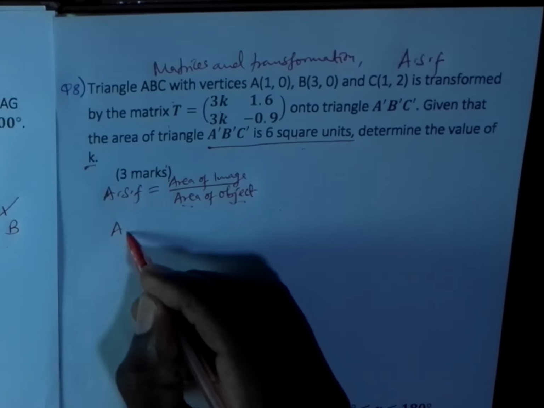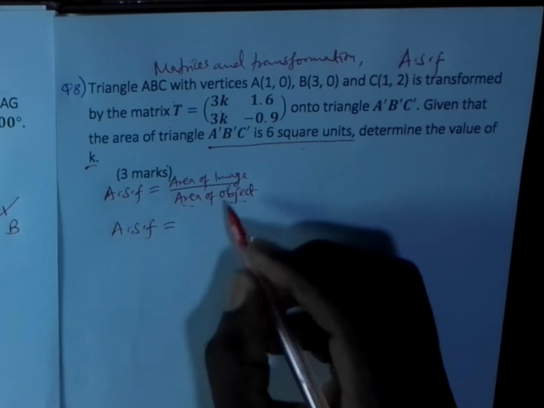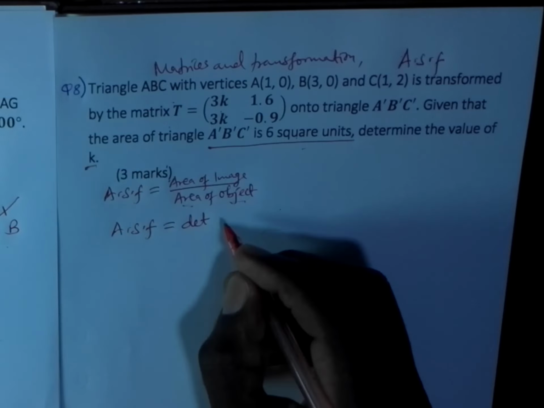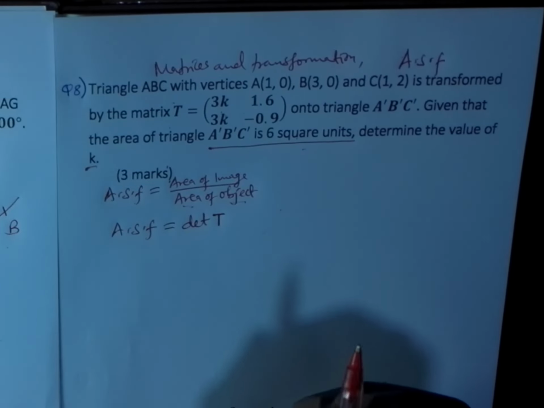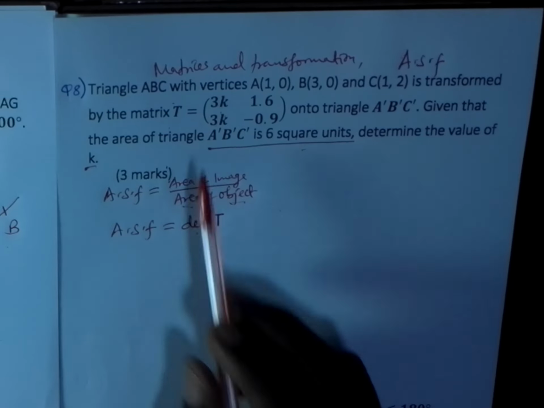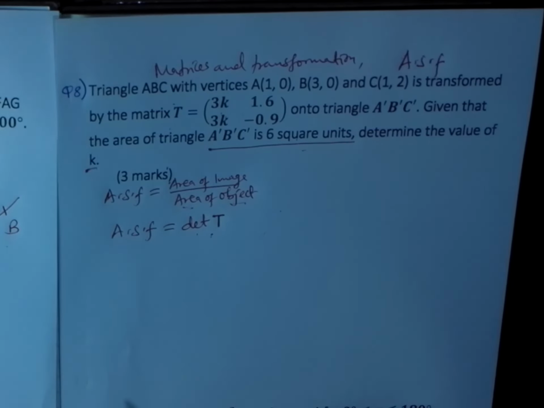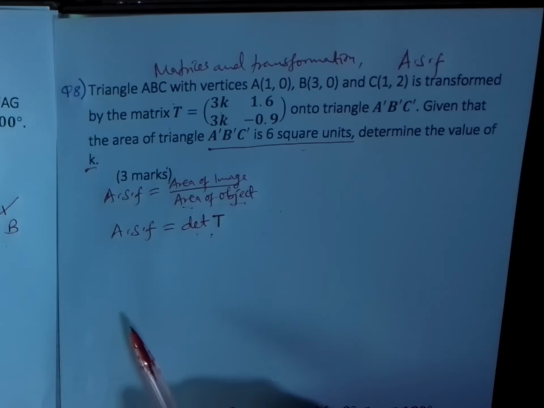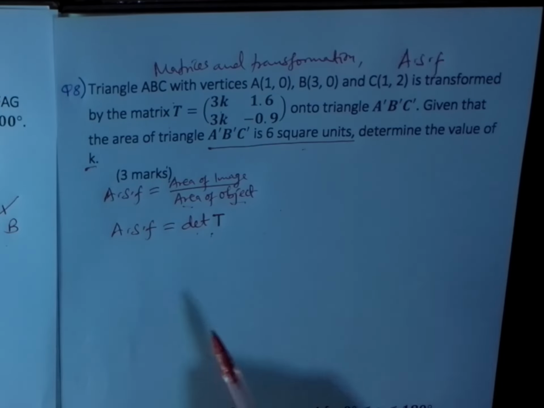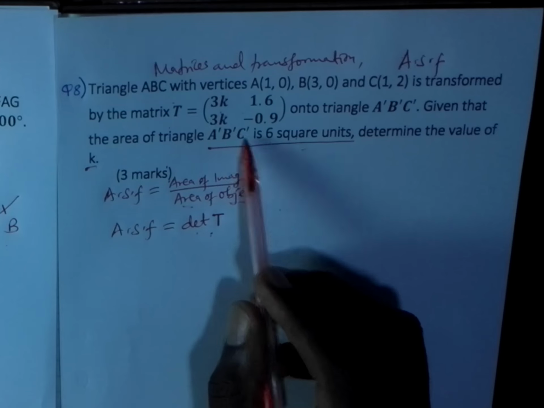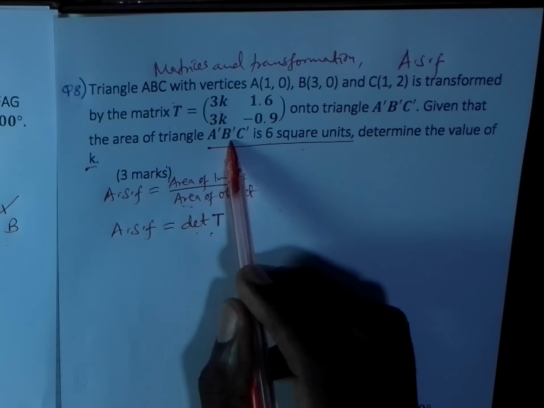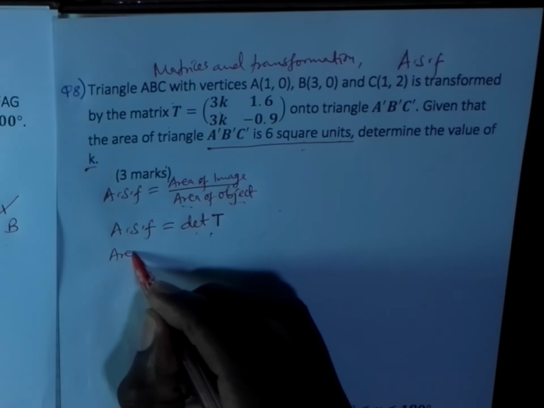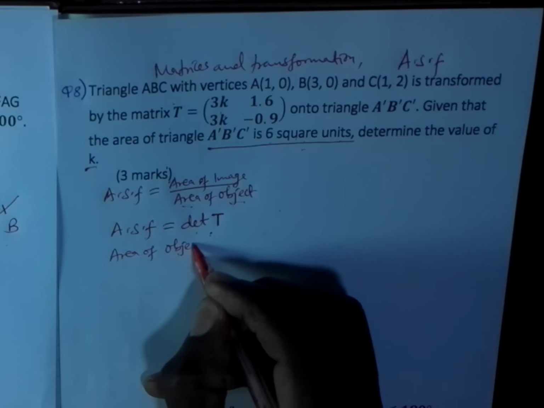And we know that the area scale factor will be given by the determinant of the transformation matrix T. So if we get the determinant of this matrix, then we'll be in a good position to get the value of K. Since we already have the area of the image, which is 6 square units, we can get the area of the object.